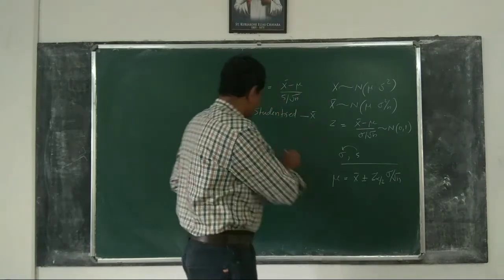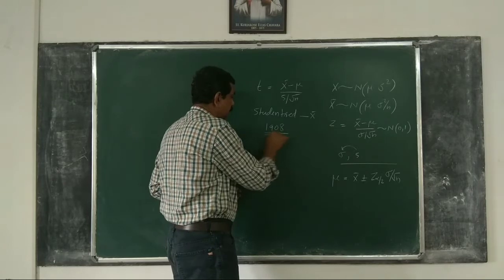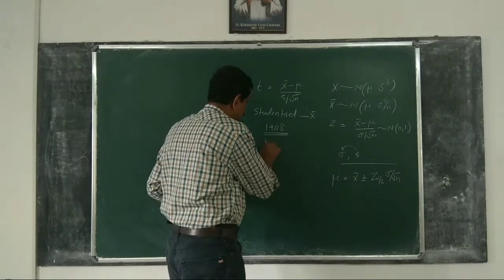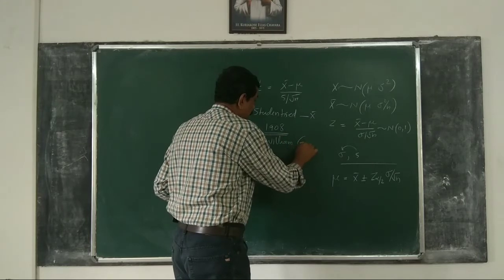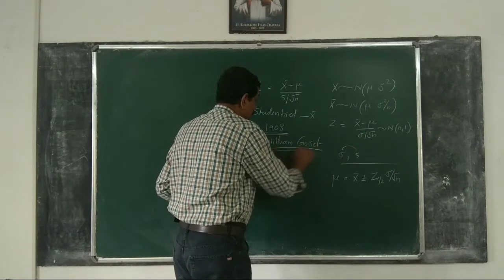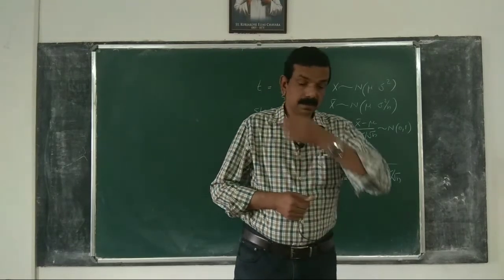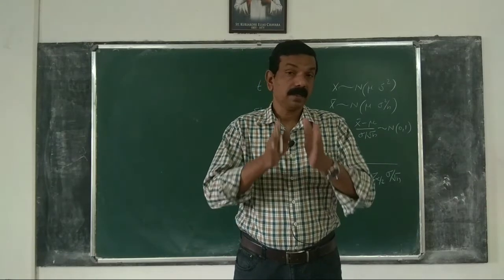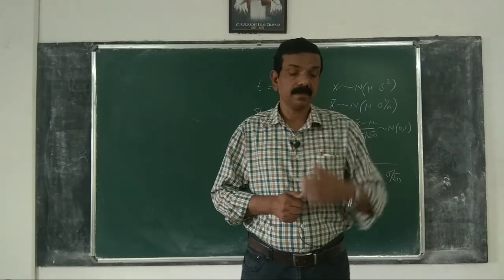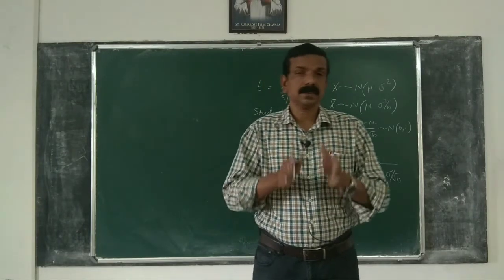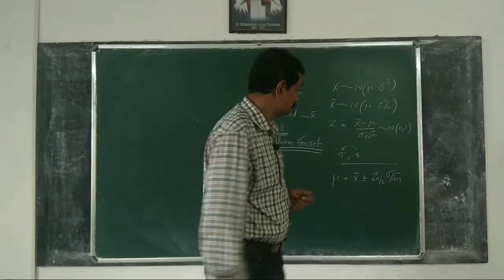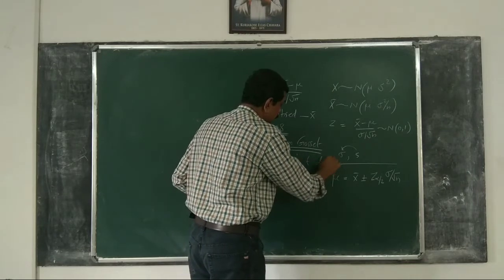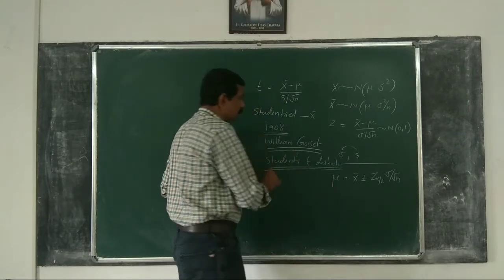In 1908, a very famous statistician, William Gossett, determined the distribution of the studentized version of X bar, and this distribution now is known as Student's T distribution, or simply T distribution.